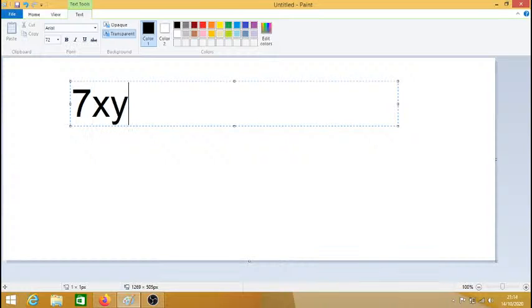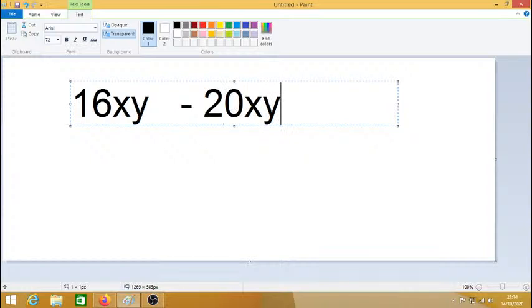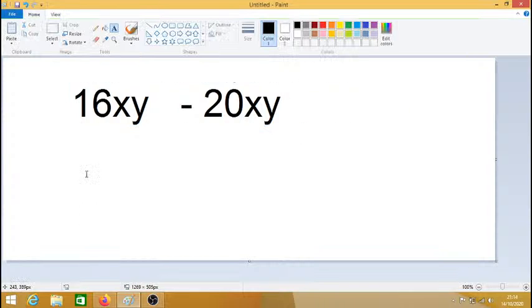So this is an x. Let me use 16. Let's use a couple of powers. Y cubed. Let's use y squared.